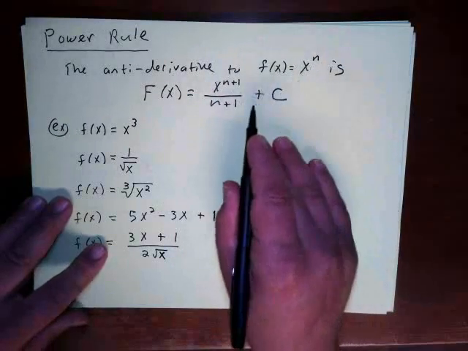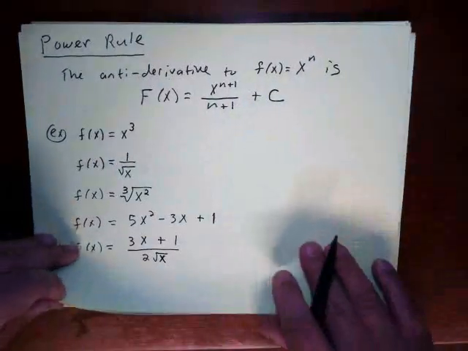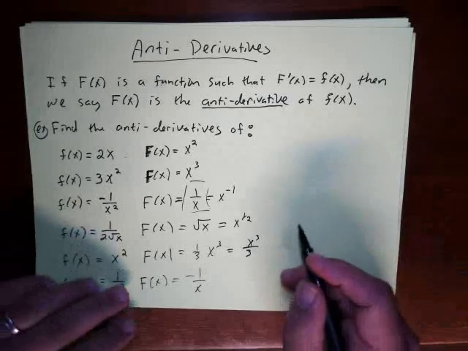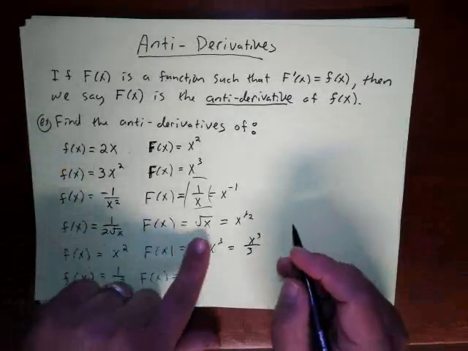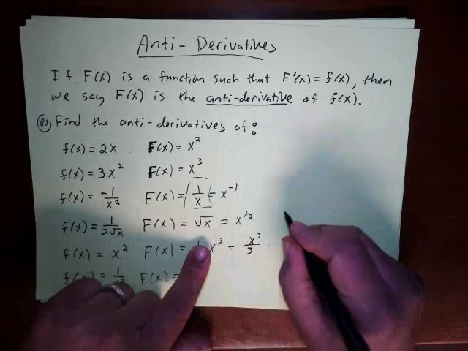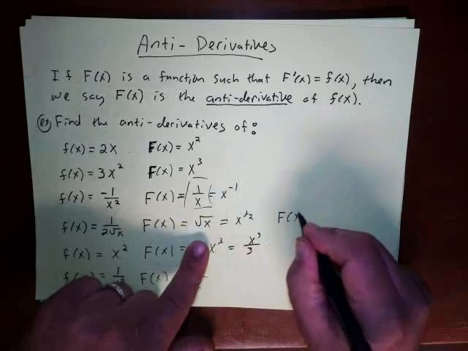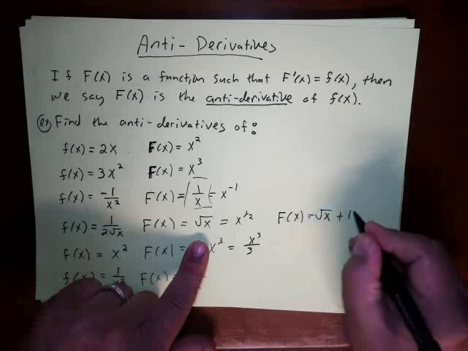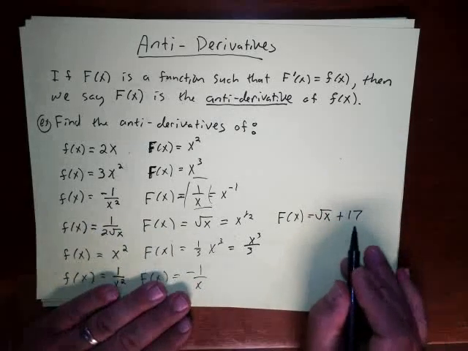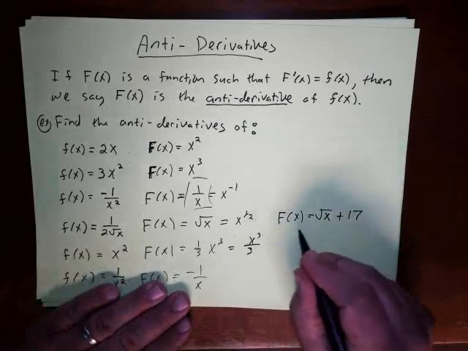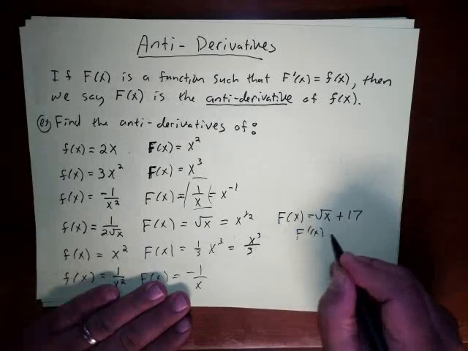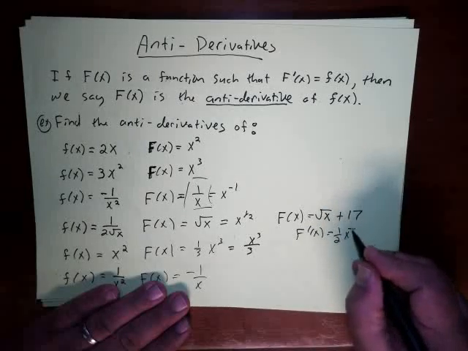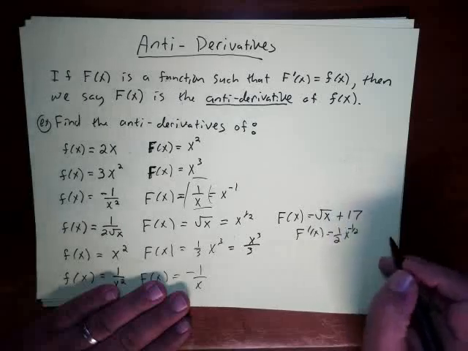Okay? And this plus c is there because, like we learned in the last video, for any one of these, there's actually a whole bunch of antiderivatives. So if this is an antiderivative, then so is this plus 17, or any constant here. When I take the derivative of this, I'm going to bring down the 1/2, and then I get x to the negative 1/2, and then the constant just goes away.